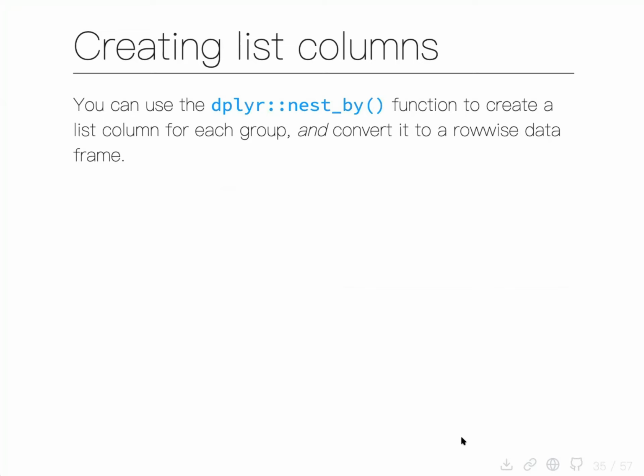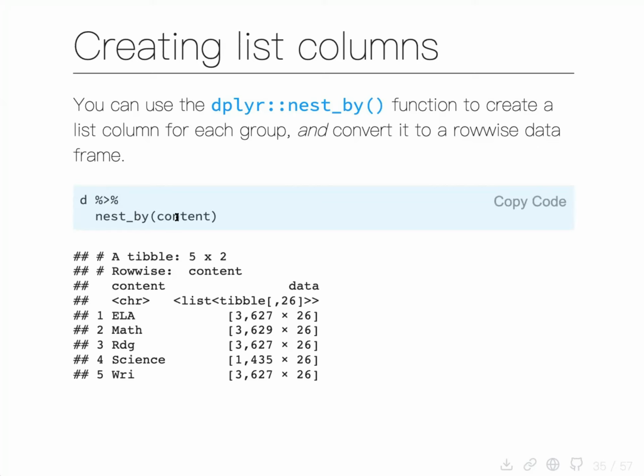So for instance, if I say D and I pipe that to nest by content, it will nest it by content. So I'll get a content column and a data column with the data for all of that. So this is just like saying group by content nest. The only difference is this will also convert it to a row-wise data frame.